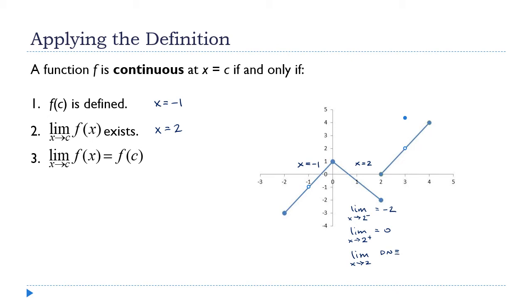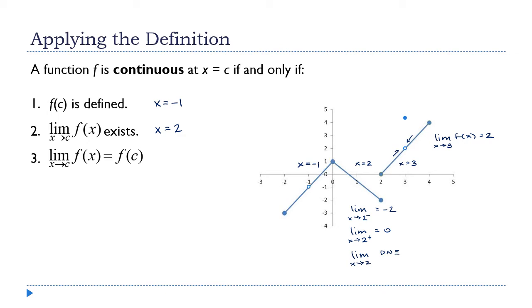All right, and finally here at 3. Now this time, the limit as x approaches 3 does exist. This limit is equal to 2, right? The function is approaching 2 on this side and 2 on this side.